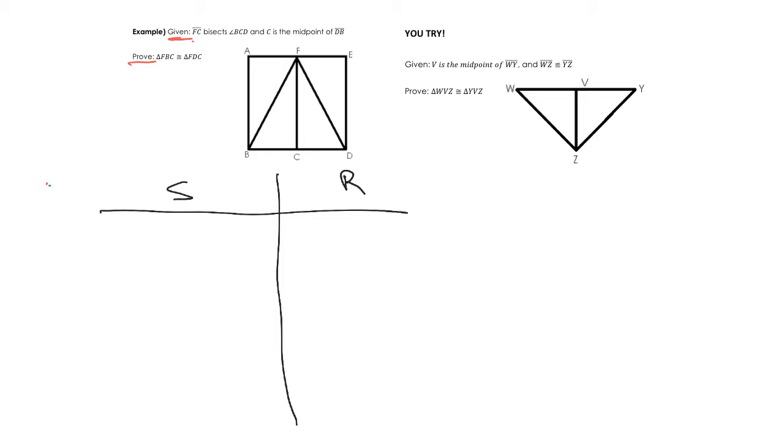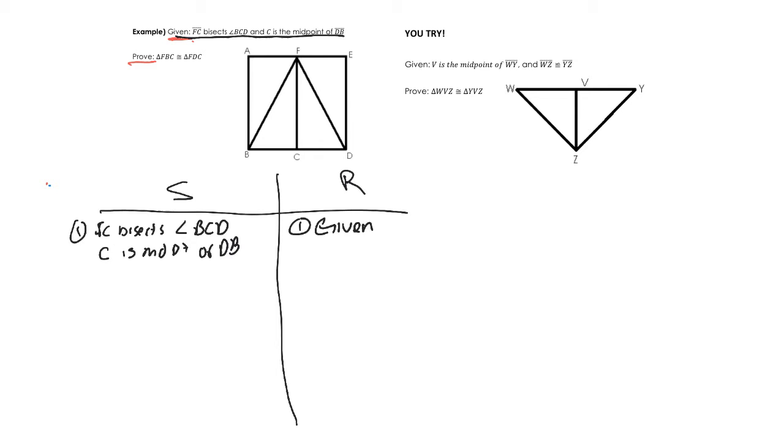So I always write down my given so I always can start there. FC bisects angle BCD. So I'm going to have an angle bisector. And C is the midpoint of DB. So I'm already thinking, okay, I got a midpoint, I got an angle bisector. I'll probably have to use those.